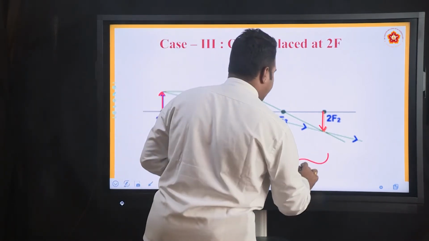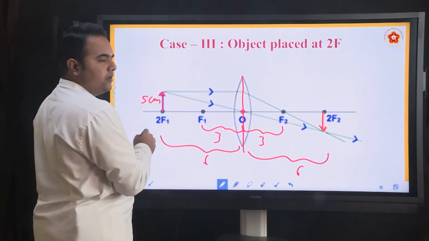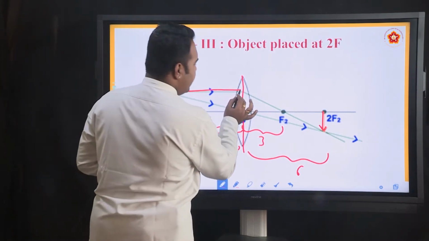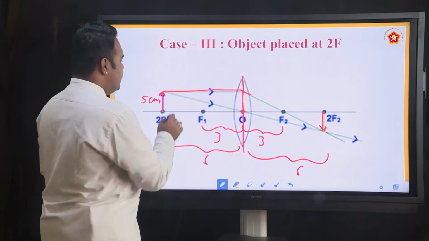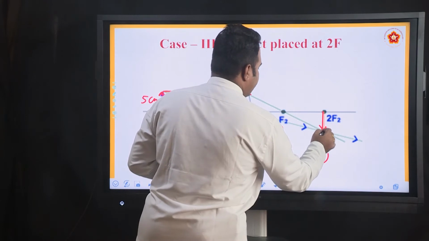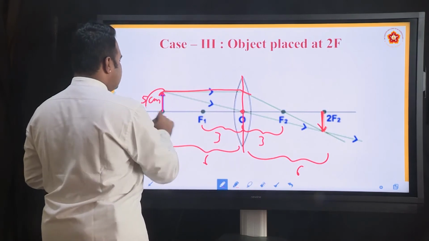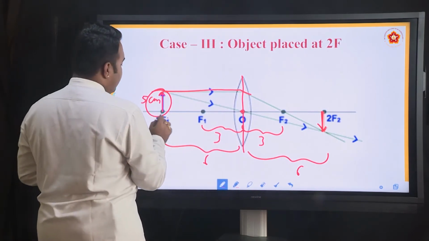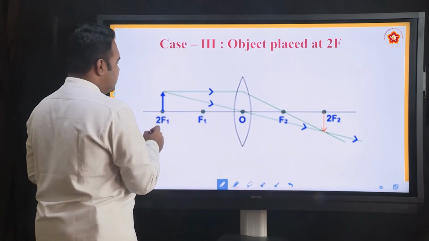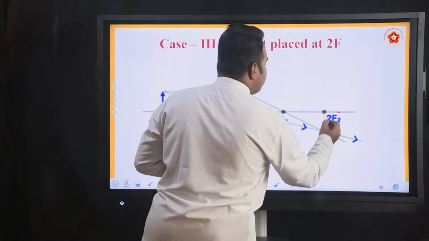On the other side also it should become 6. So you can check it: put a 5 centimeter tall object, draw lines parallel to the principal axis and let it pass through the focus on the other side. Draw another ray of light passing through the optical center, which meets the first ray here, and if you check this distance, it will be exactly 5 centimeters, only if you place the object at 2f. Suppose we place it anywhere else, you will have different distances, but in case 3, whenever the object is placed at 2f, the image is also formed at 2f.